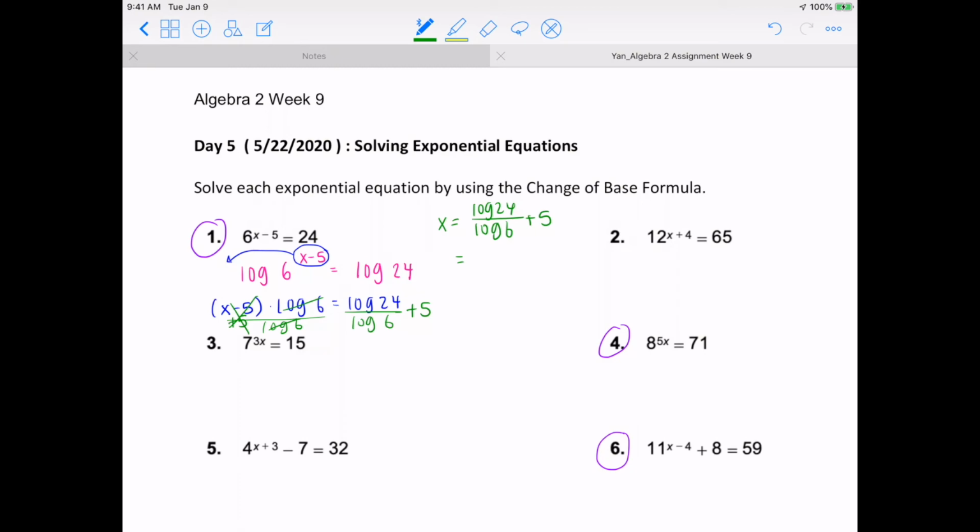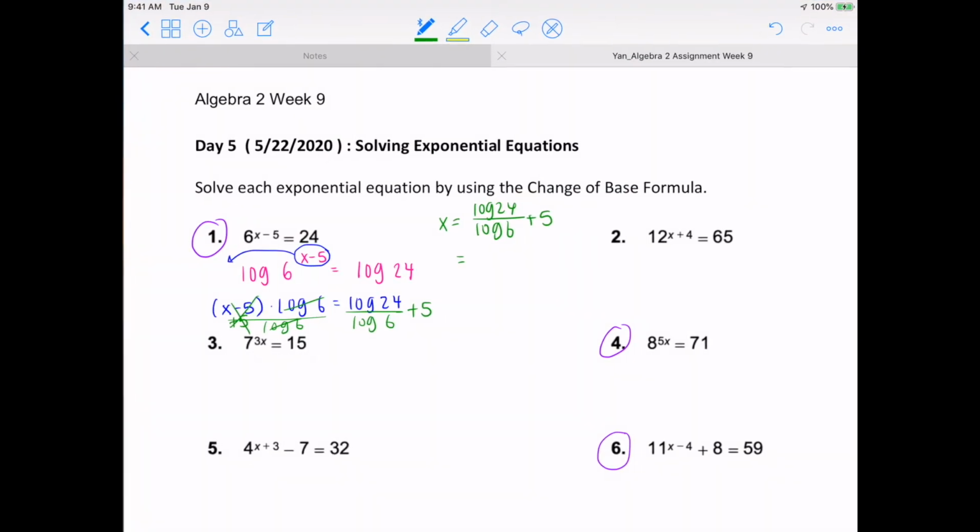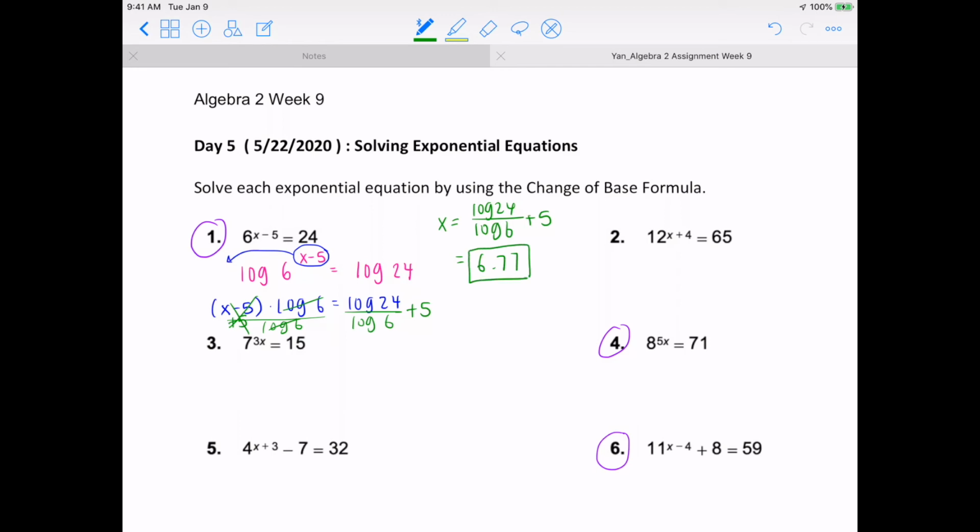Let's put that in the calculator. Log 24 over log 6 plus 5. 6.77. That's our answer. Okay?